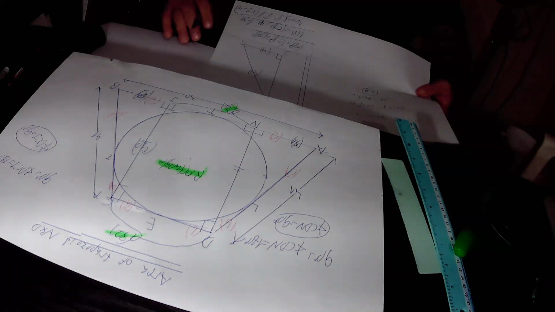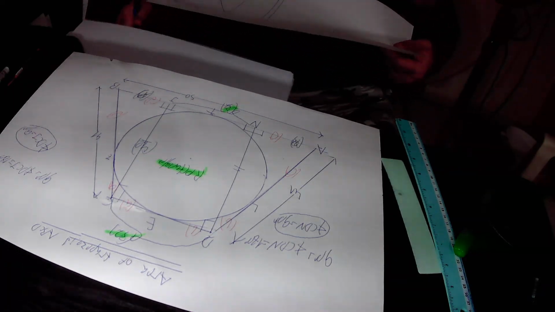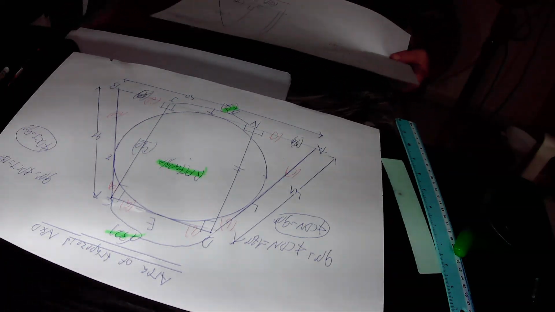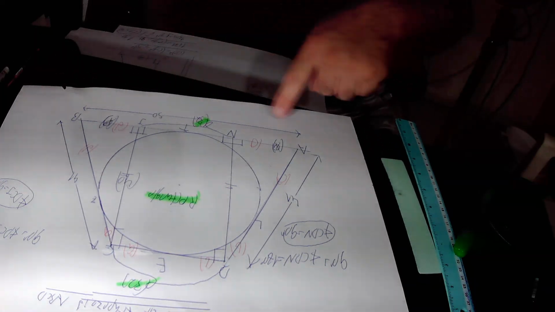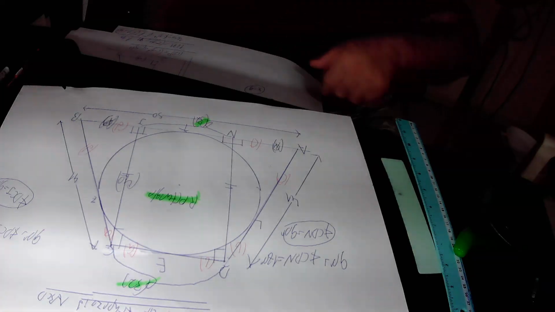And we know that the area of any trapezoid equals the sum of its two parallel bases times the height over 2.